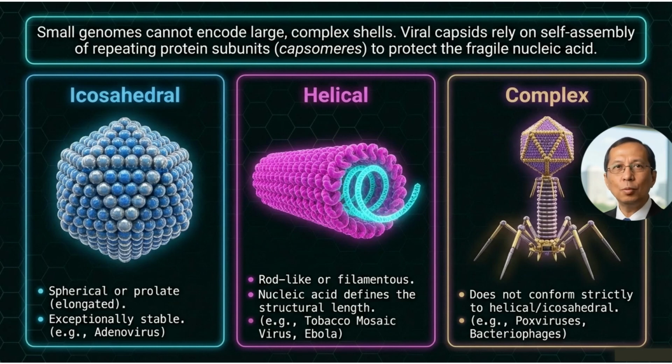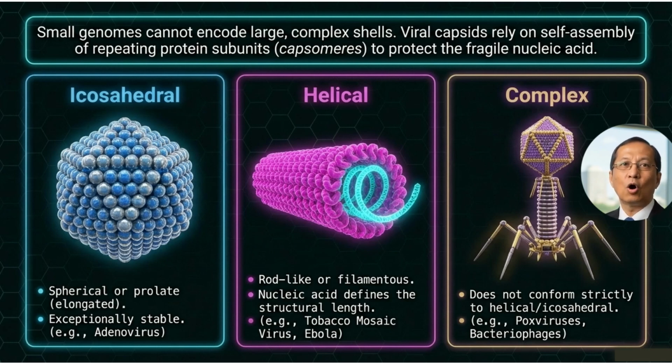The limited genomic size of viruses means they cannot encode large, complex shells. Instead, viral capsids rely on the self-assembly of repeating protein subunits called capsomeres. There are three main types of capsid symmetry. Icosahedral capsids are spherical or prolate, offering exceptional stability, as seen in adenoviruses.